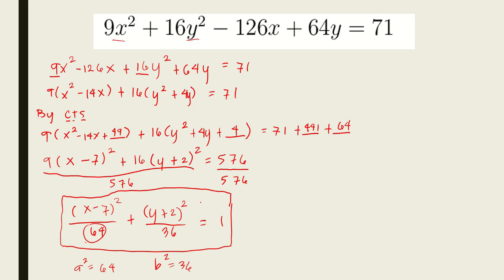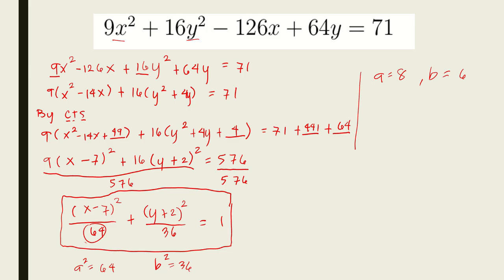So to find our c, let me write here on the right side. We know that a is equal to 8, b is equal to 6. I'm sorry, let me erase that one first. Again, it's 6.